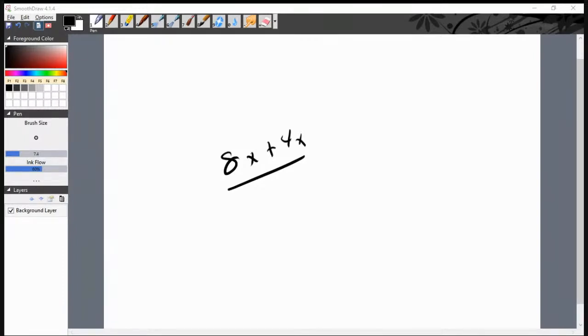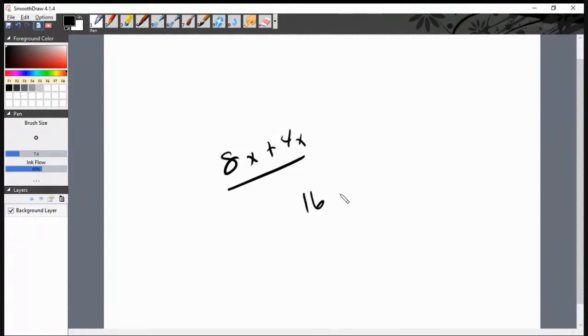What's the simplified form of that? 12x.